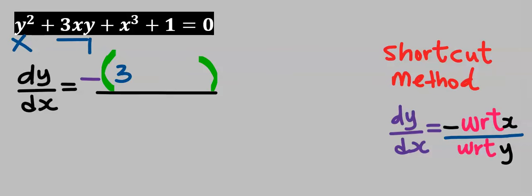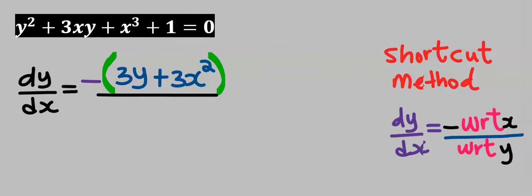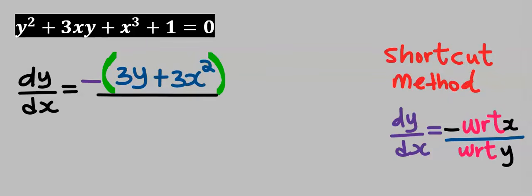The remaining y, I will just leave it attached to the 3, ignoring it. Next, I will differentiate, and my answer is 3x squared. Next, at the denominator, I will respect y. Differentiate y to the power of 2, you're going to get 2y.